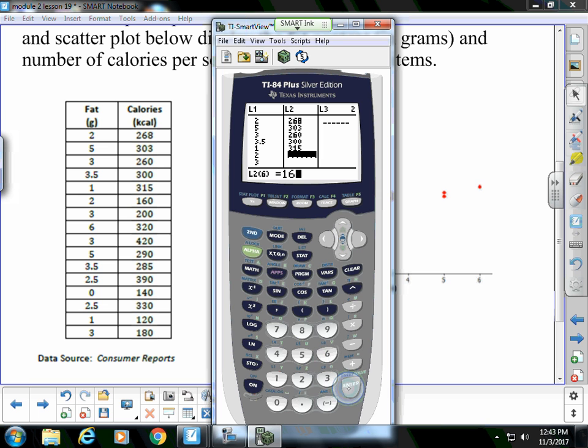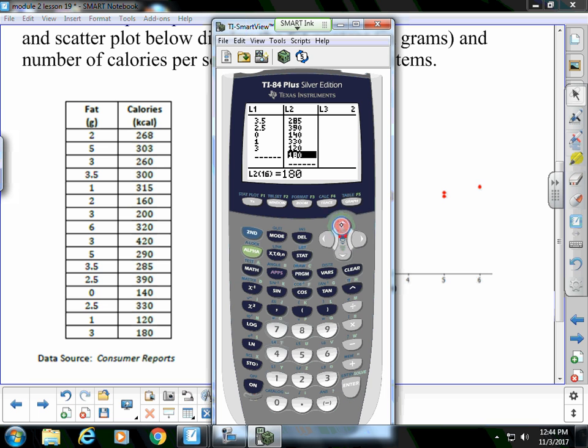160, 200, 320, 420, 290, 285, 390, 140, 330, 120, 180.